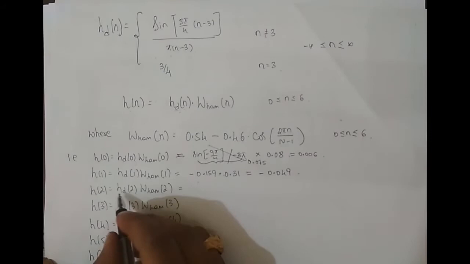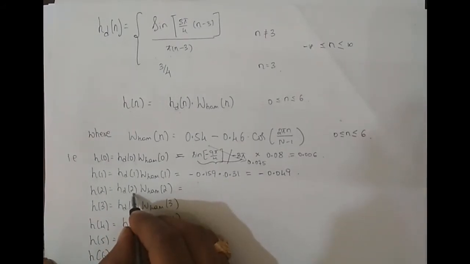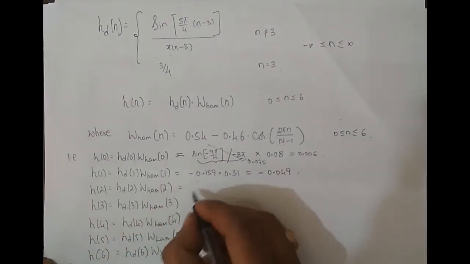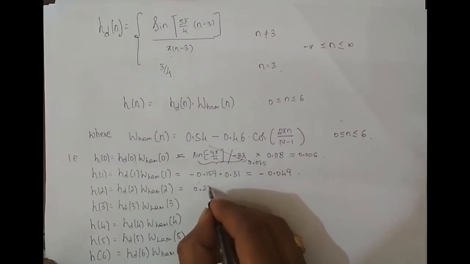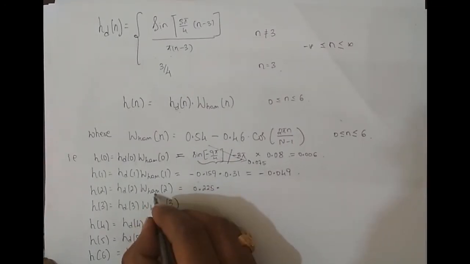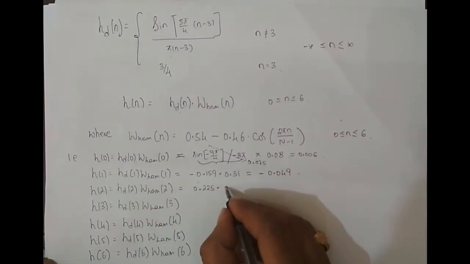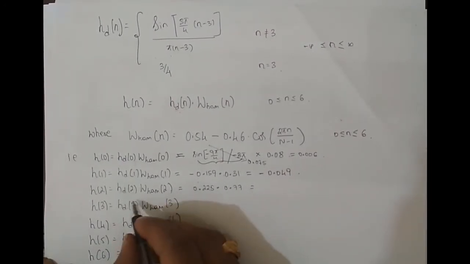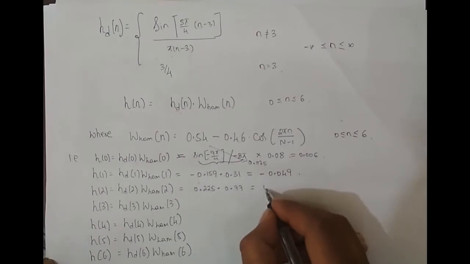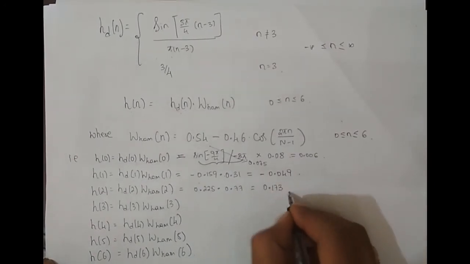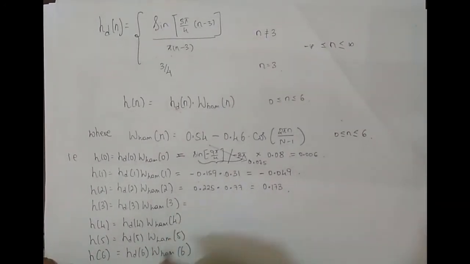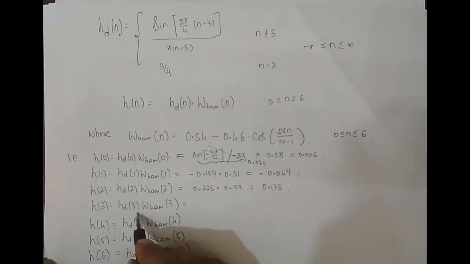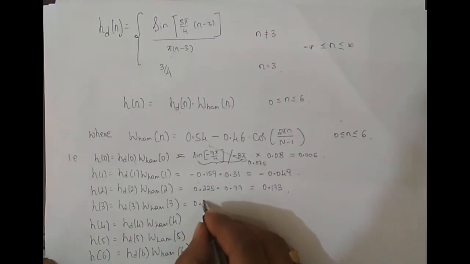So similarly, hd of 2, we get 0.225 into w Hamming of 2, we get 0.77. And when we multiply these two, we get h of 2 as 0.173. This is equal to hd of 3, we get 0.75.